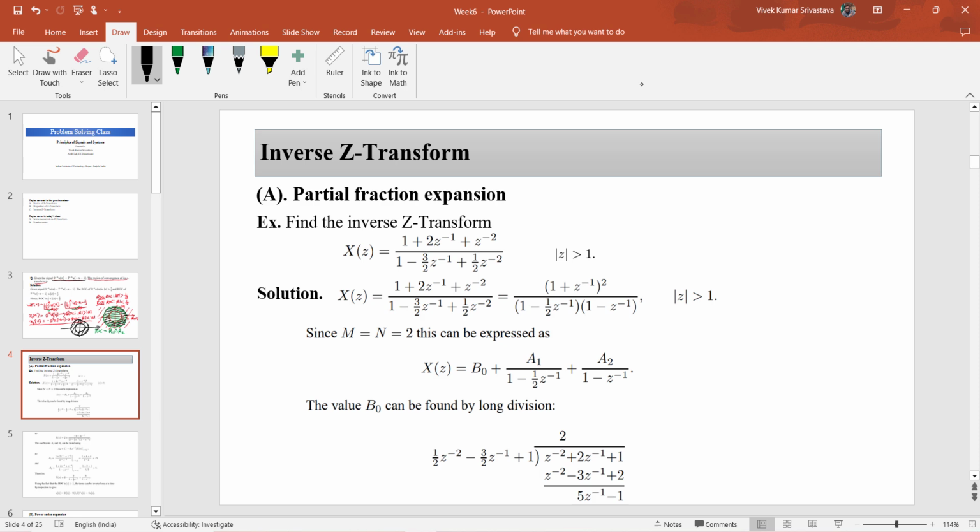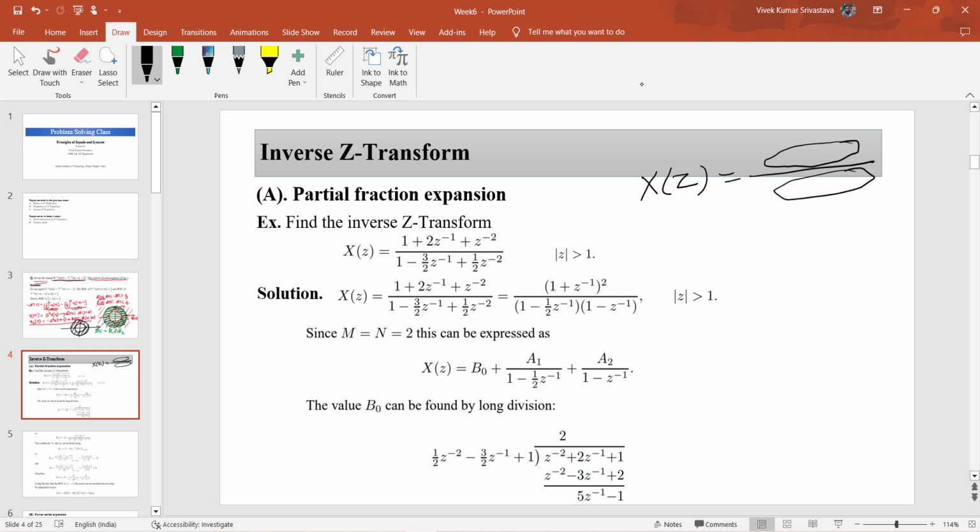First of all, we can see that x of z is defined as a rational function of z, in both numerator as well as denominator.